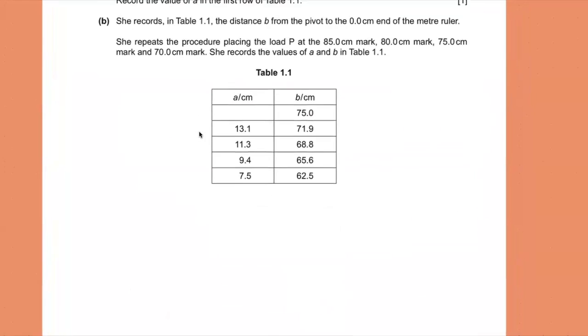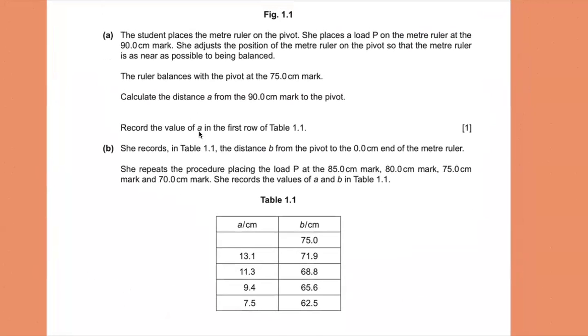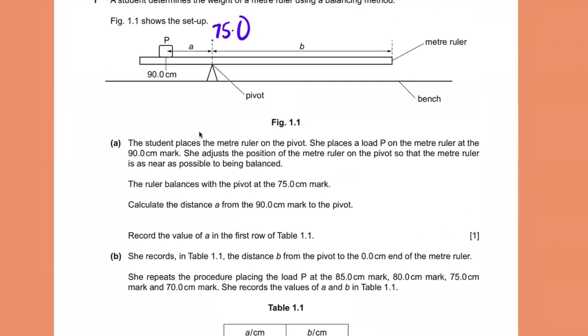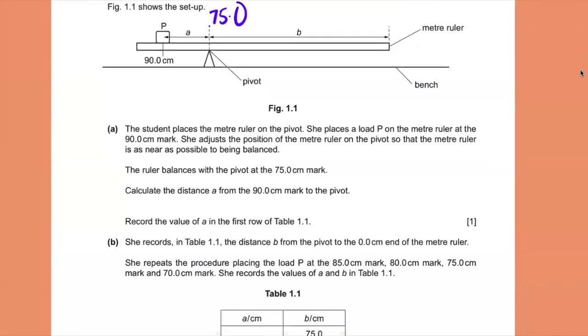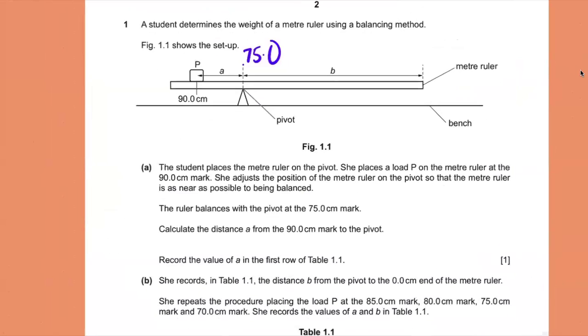So A is supposed to be 15.0. 90 minus 75 turns out to be 15.0 centimeters.